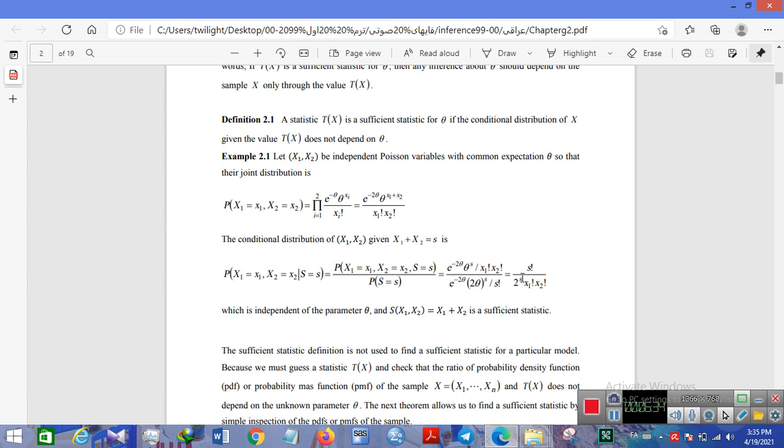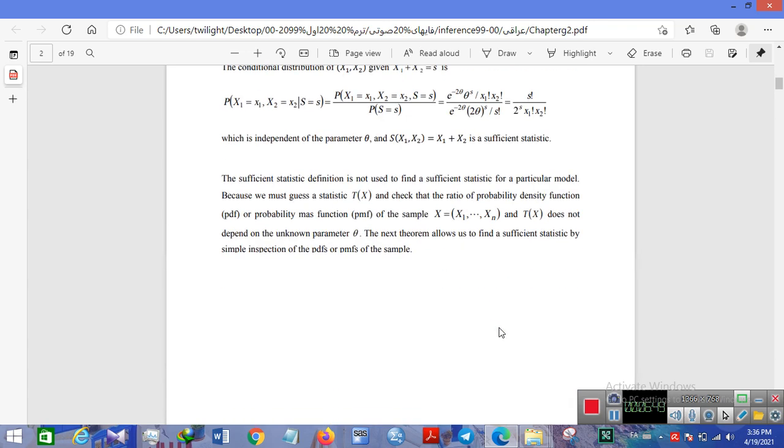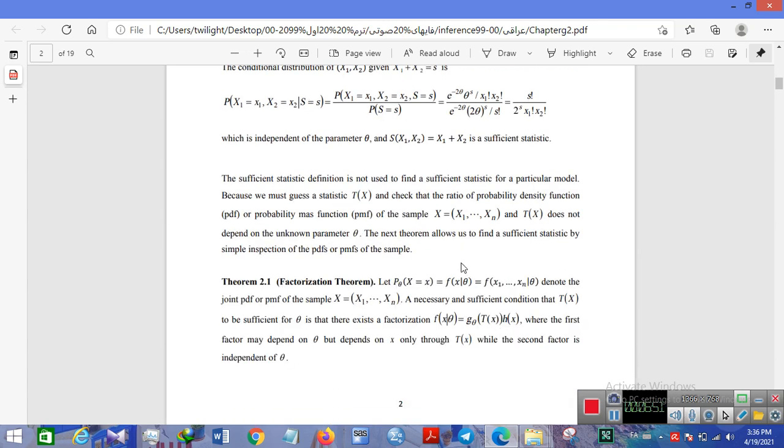If you look at that, it does not depend on the parameter theta, so S, x1 plus x2, is a sufficient statistic.